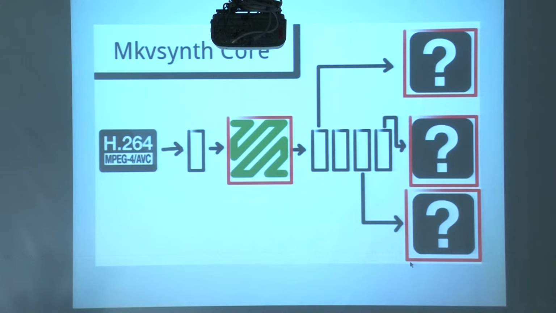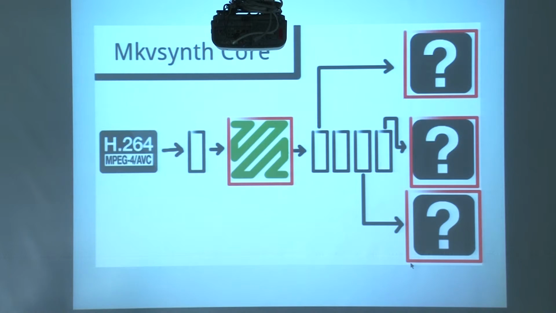But then if the buffer fills, there's a semaphore, so it'll stop processing, and it won't fill up your RAM. And oh yeah, the green squiggle does the decoding of the initial video.